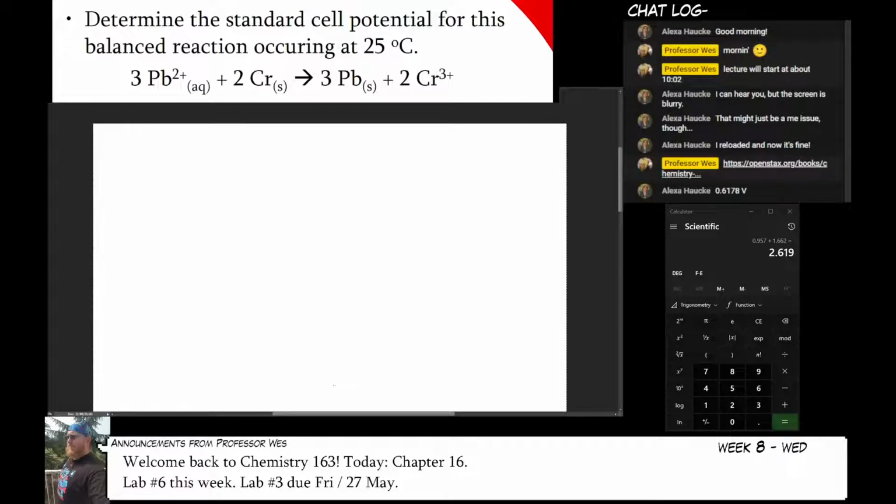We won't draw the battery for this one, but we will figure out which one's being reduced and which one's being oxidized.